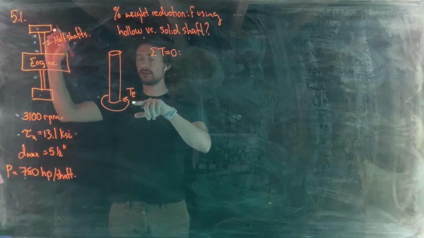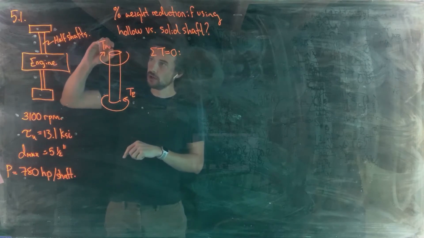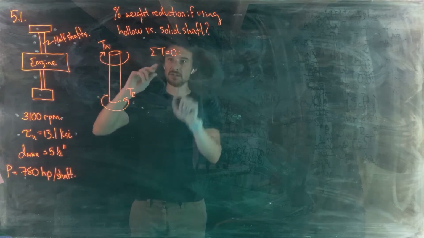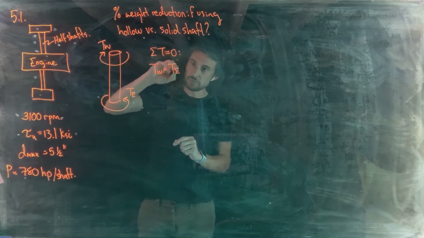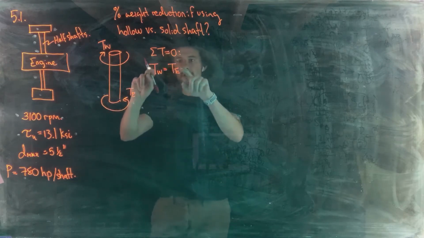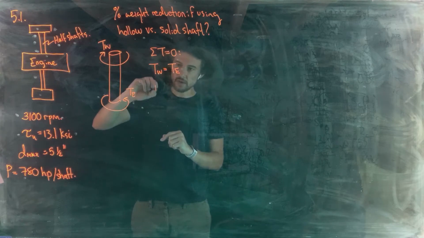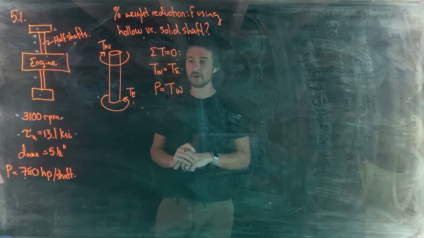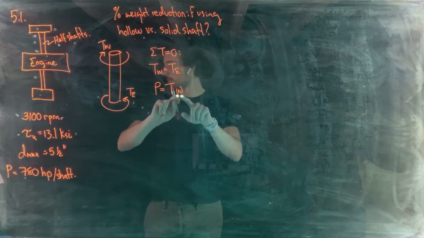Well, that's the torque that's coming from the wheel. So we've got in the other direction T_W, the torque from the wheel. And we know the sum of the torques is equal to 0. T_W has to be equal to T_E. We can really easily calculate what T_E is using our equation. Power equals torque multiplied by angular velocity in radians per second.